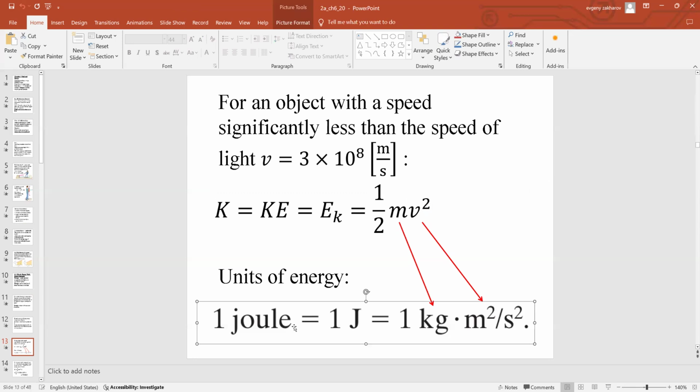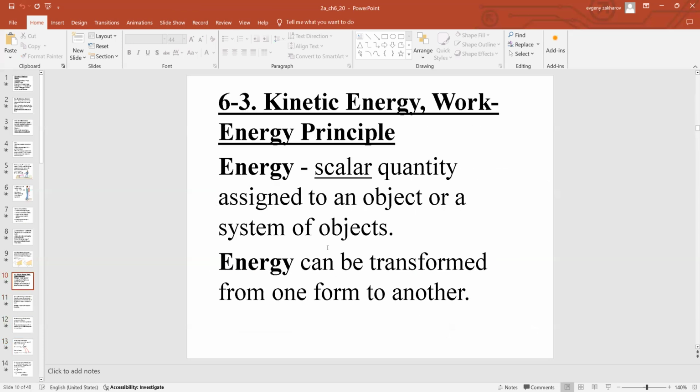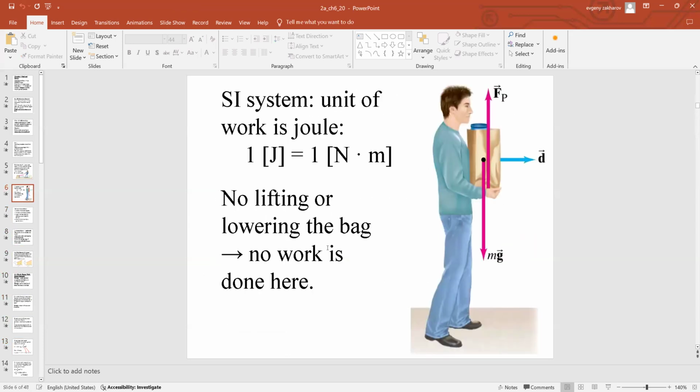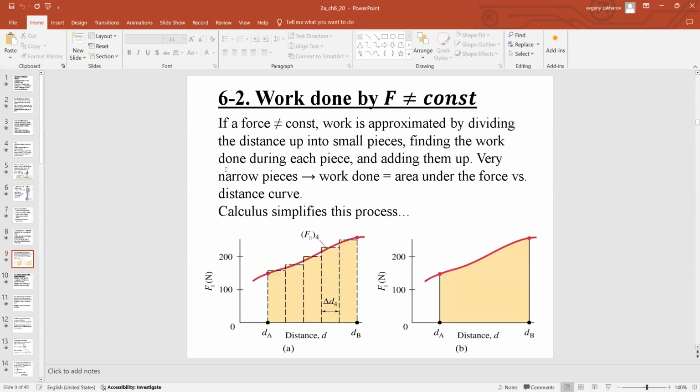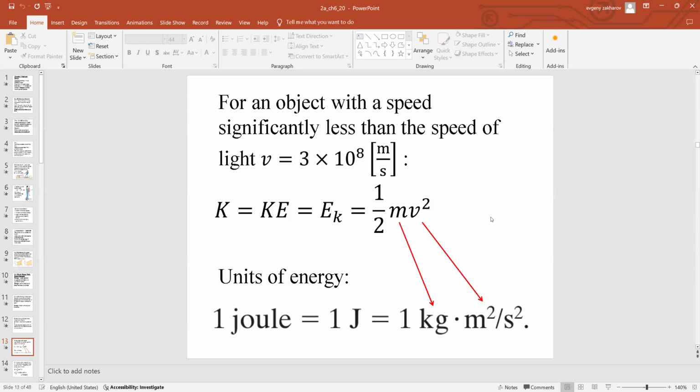Unit-wise, once again, joules. We have kilograms for mass, and velocity squared, which is meters squared per second squared. And if you look closely at work done, it was joules as newtons times meters. And in here, you also have newtons as mass times acceleration, kilograms times meters per second squared, times meters for the displacement.